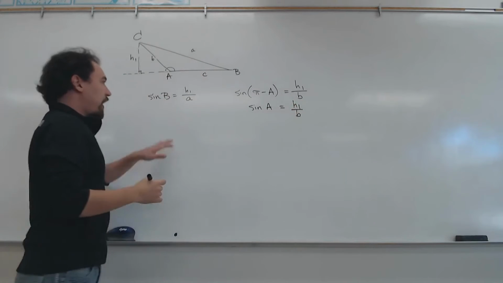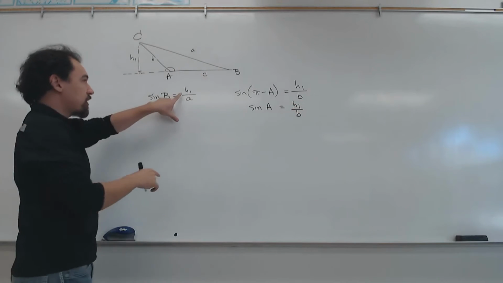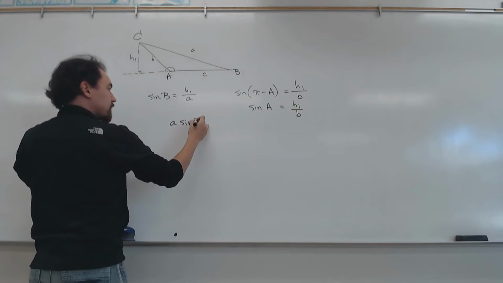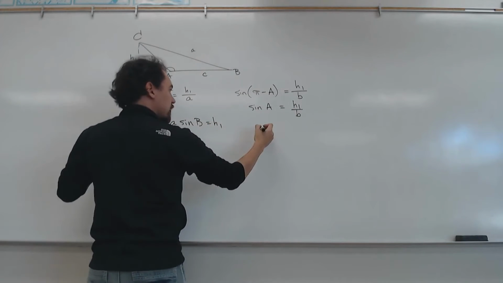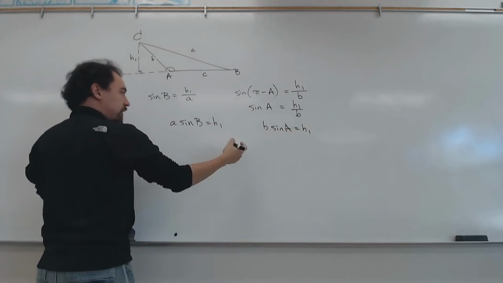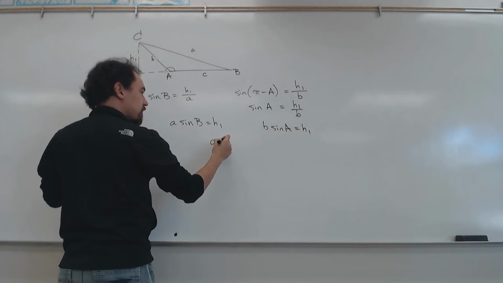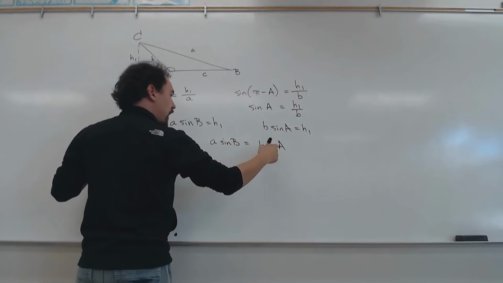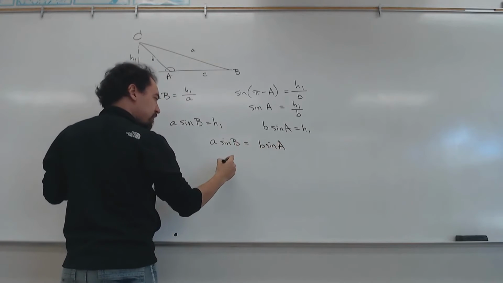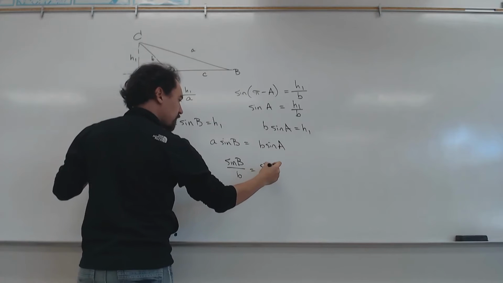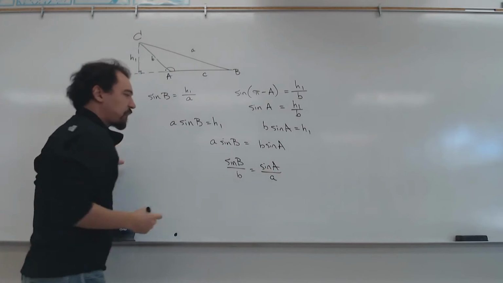So we're right back to the position we were before, where we can solve for H1 on both. Solve for H1. And then equate these expressions. And then combine for aesthetics. And we have our very familiar result.